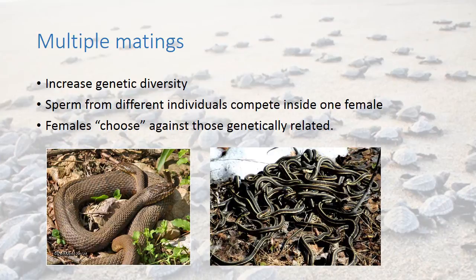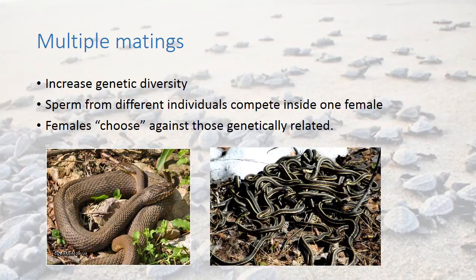Now sometimes there's competition where there's multiple matings, and so there's sperm from multiple males inside the female, and the female can tell or choose the quote-unquote best male sperm, and so definitely a lot of times the females can choose against those that are genetically related to herself, which is good because that prevents inbreeding, but also sometimes can choose based on other things too.